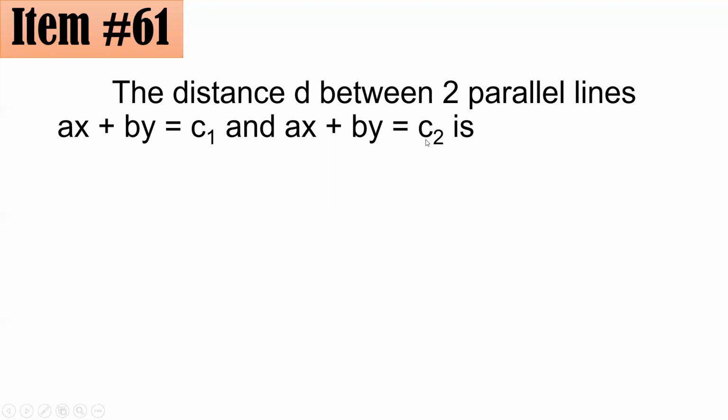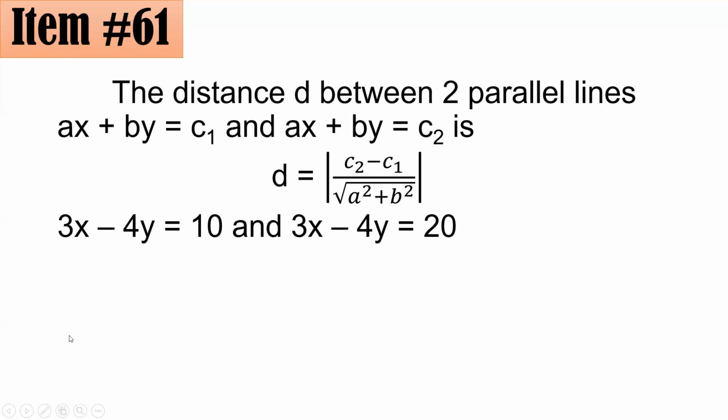And this would tell us that these two lines are indeed parallel. Ito po yung formula: d is equal to the absolute value of the quantity c sub 2 minus c sub 1, yan po yung difference ng kanilang constants, provided that these two are written in standard form, all over the square root of a squared plus b squared.